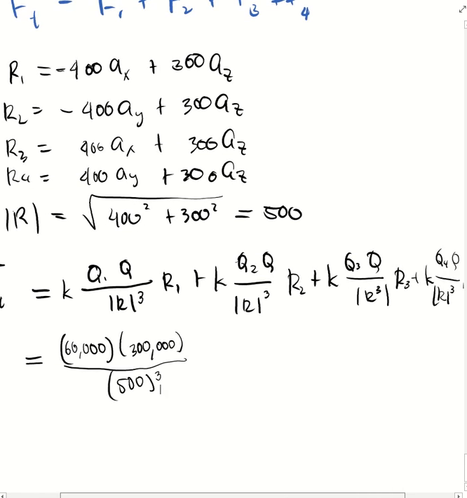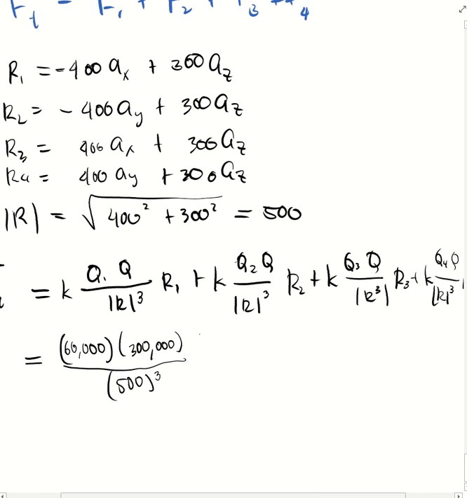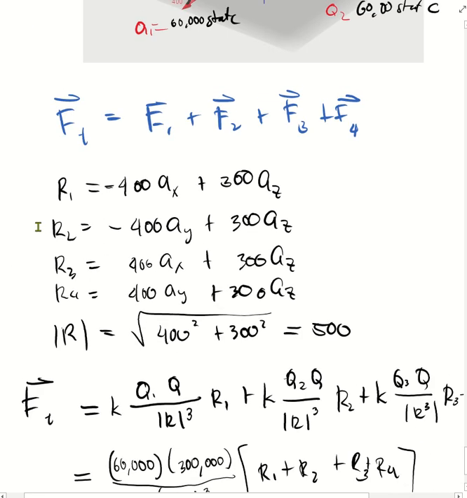Next we just add all R1 plus R2 plus R3 plus R4. The AX components: negative 400 plus 400, so AX will cancel out.